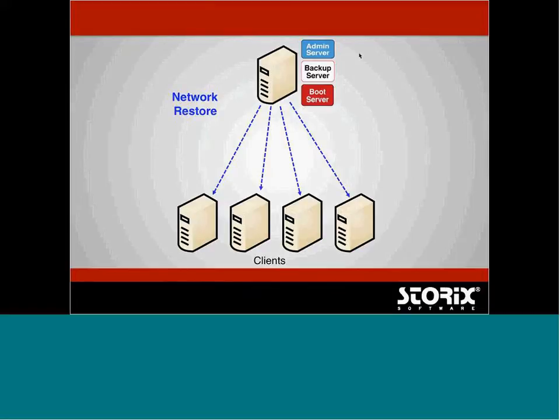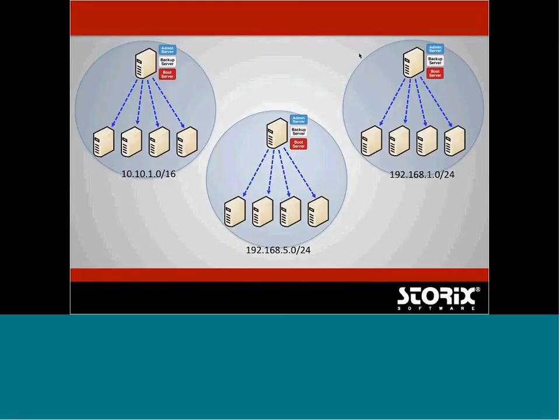However, it really limits your scalability because you're having to send all of these backups across the network, maybe into different network segments or geographically separated. So it's going to be a lot slower. The ones local to that system might be really fast, but once you start traversing your network, things are going to slow down. So if you had multiple networks, do you want to have an admin in every single one of them?